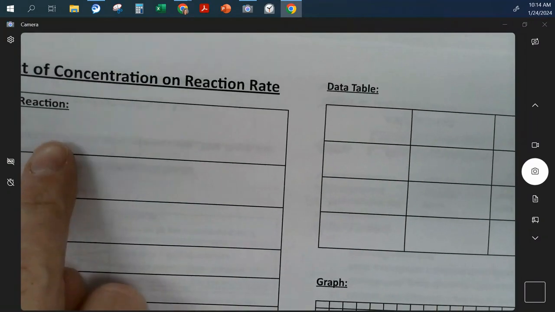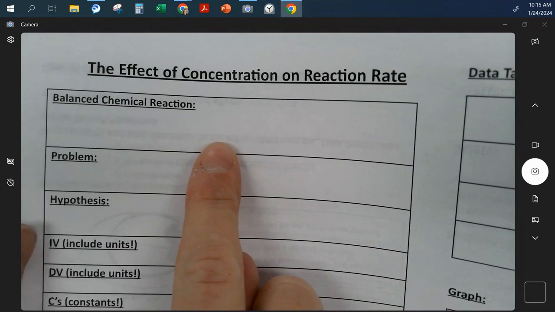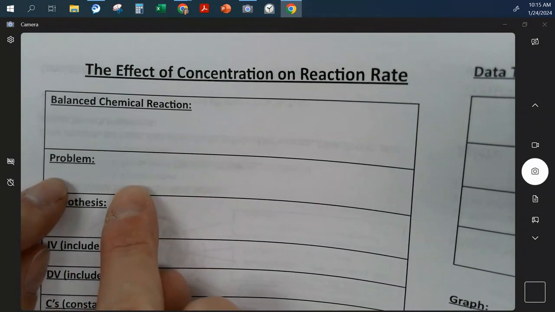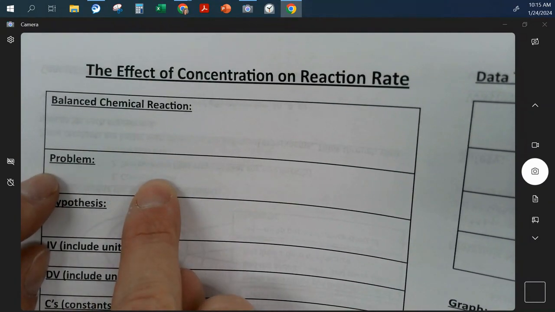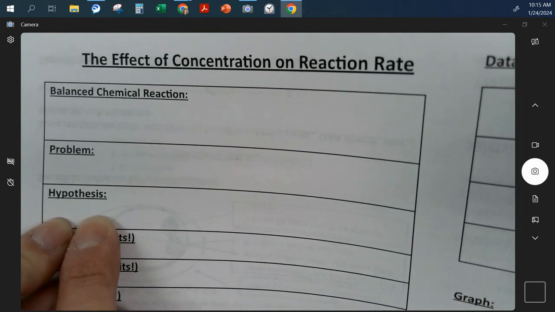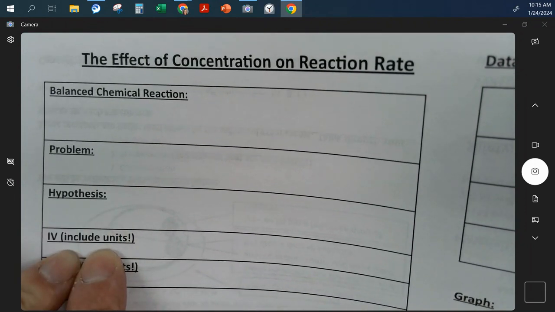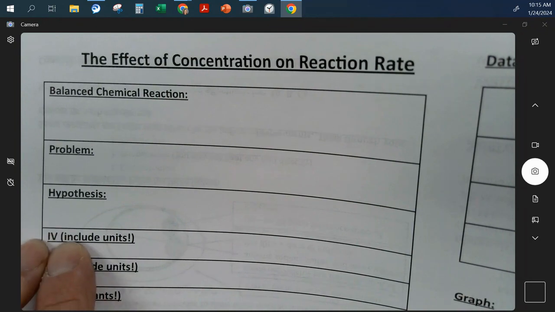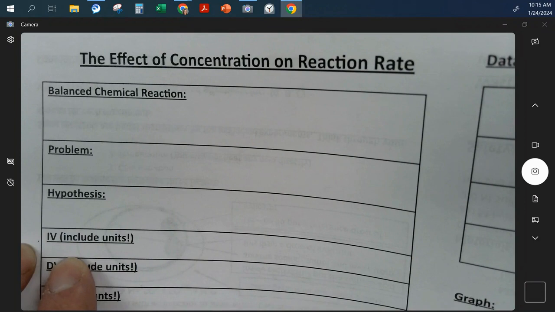So we have our balanced chemical reaction box. The problem would be like, in this experiment, I'm testing temperature. How the temperature affects the rate. That would be our problem that we're investigating. This is what you are thinking will happen. This is your independent variable. I've never seen that before, but IV is going for independent variable.